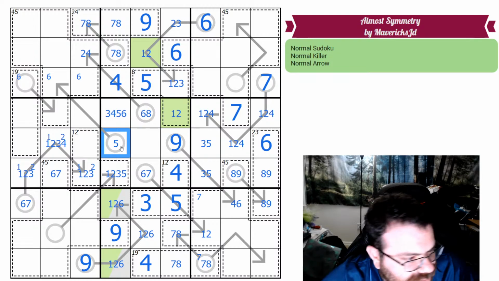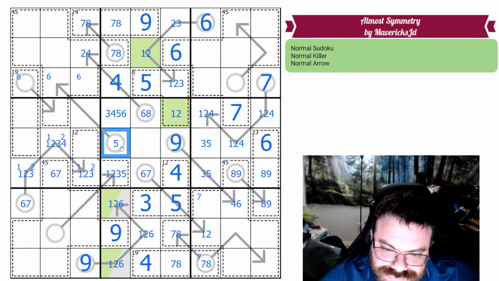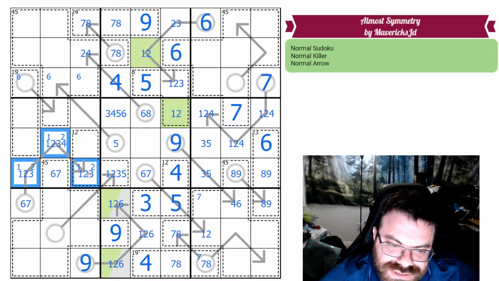Can this be anything other than 5? The arrow can't add to 1 or 2, because this is minimum 3. Because of this.